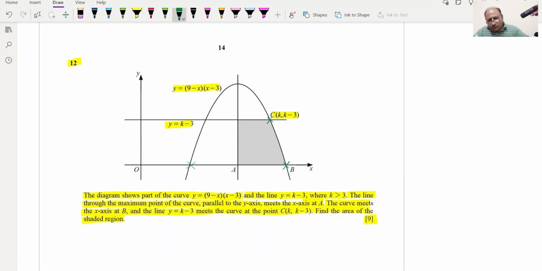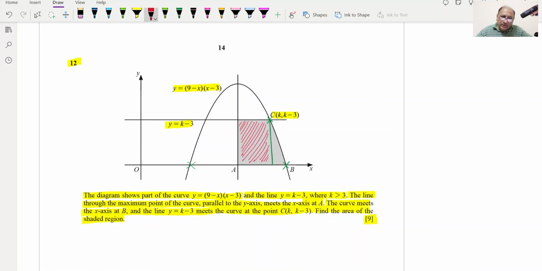And what will be the strategy? We will just draw a line. For example, if we draw a line over here, this will be the shaded part, the area we will be looking for. This is a rectangular area.